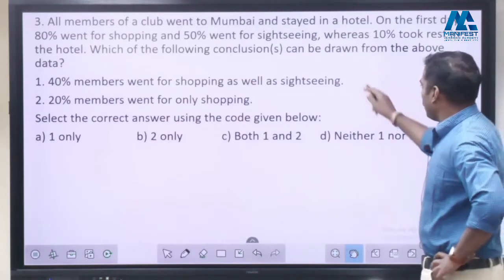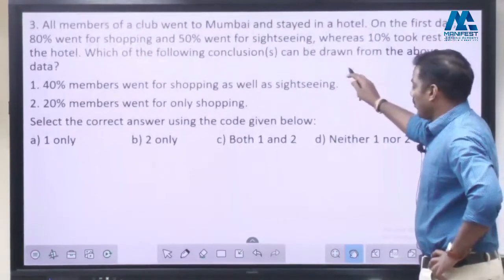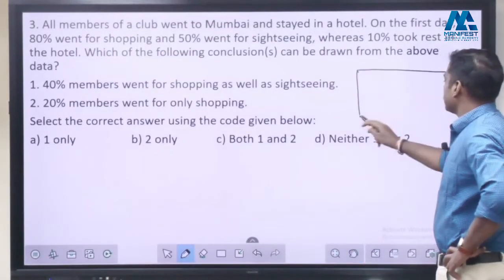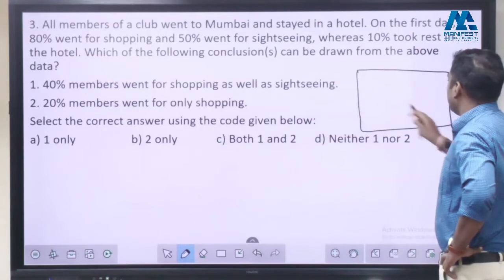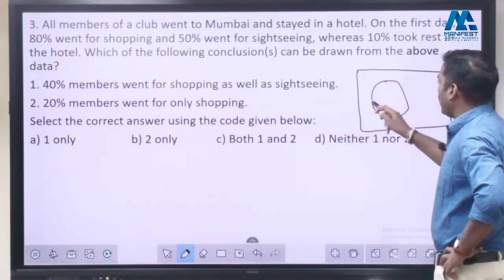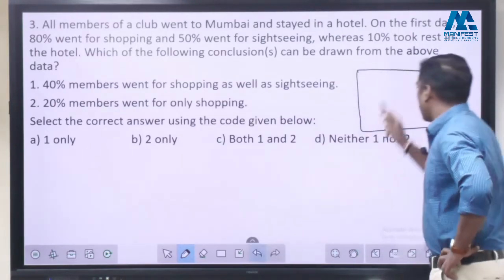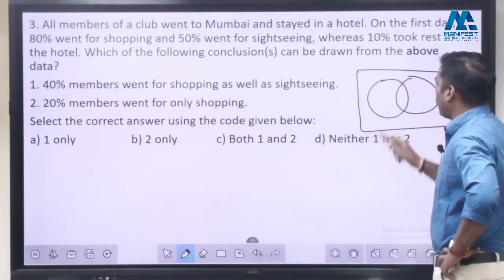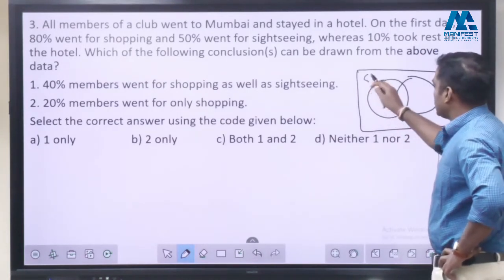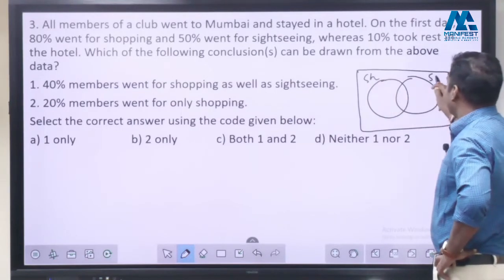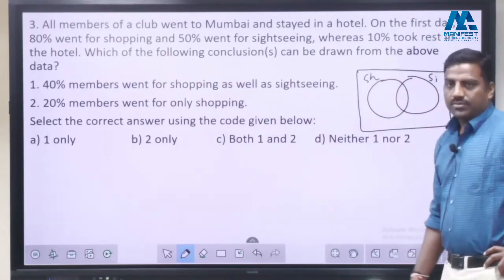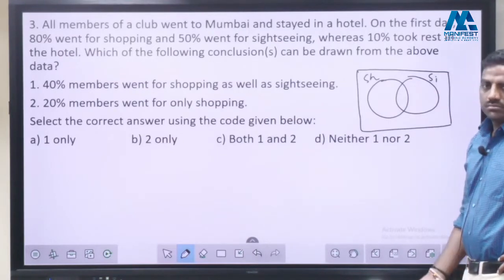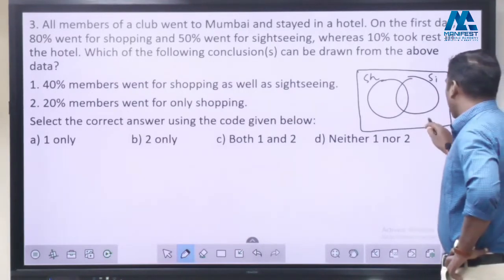So if I take the universal set like this, these are the people who have gone for shopping, and here sightseeing. And 10% of them have stayed in the hotel only.